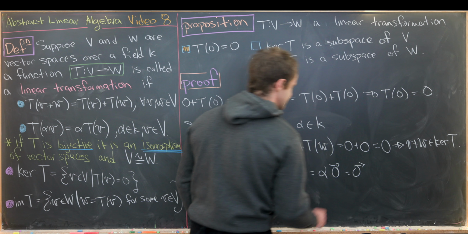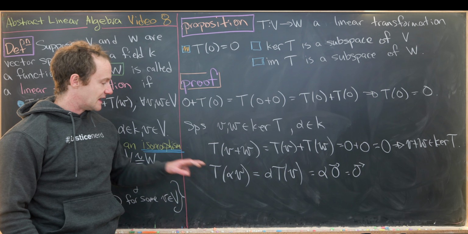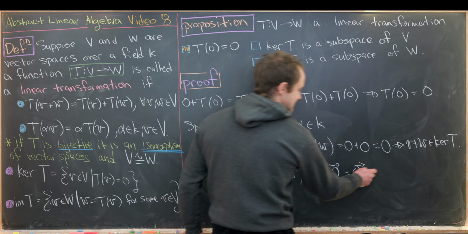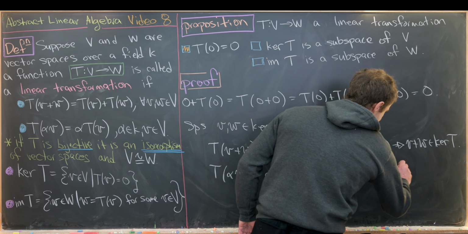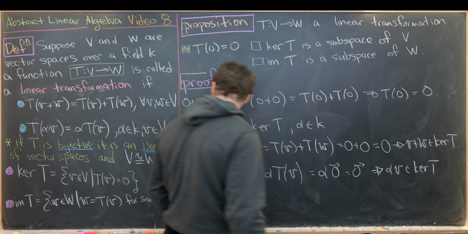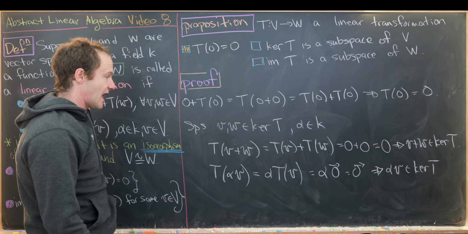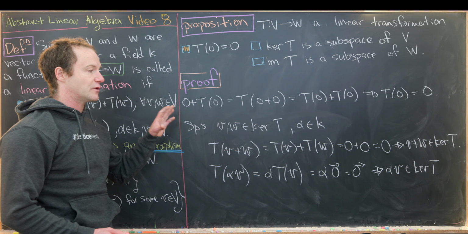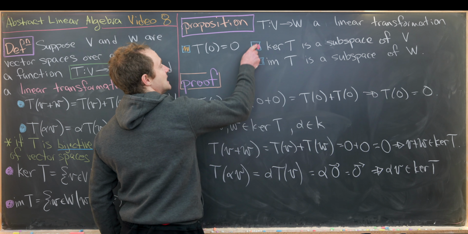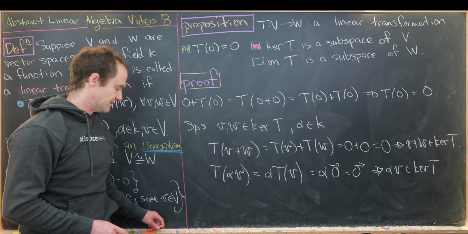So we know that this is the 0 vector. But again, evaluating alpha v with T and getting the 0 vector is exactly the entry fee to say that alpha v is in the kernel of T. So we've shown that the kernel is closed under both vector addition and scalar multiplication, which is exactly what we need for this thing to be a subspace of V.